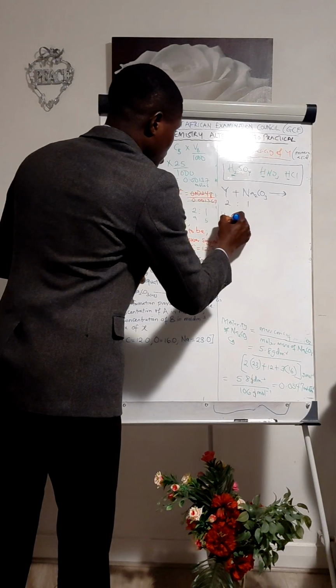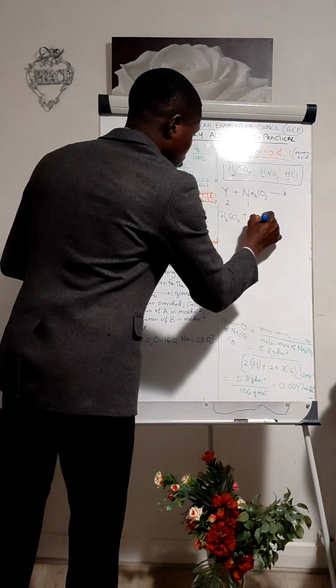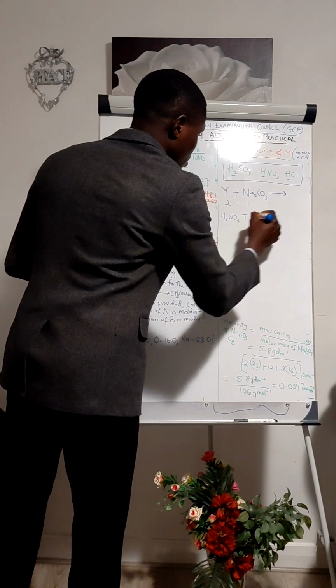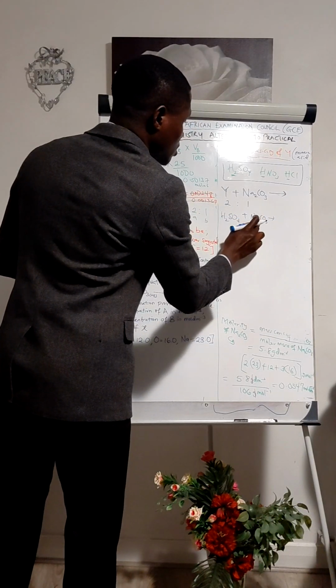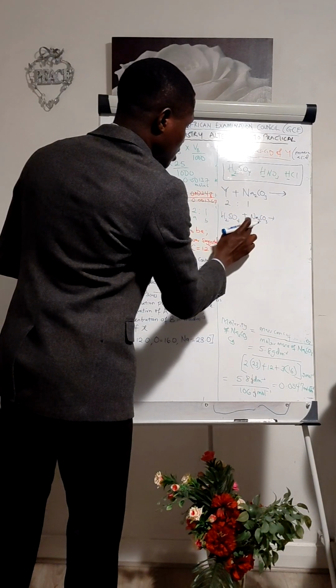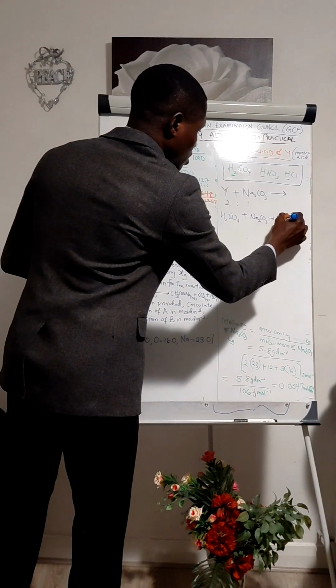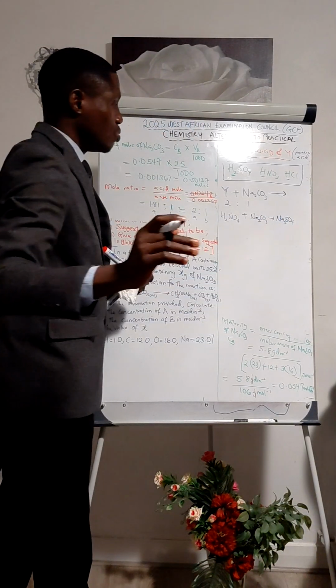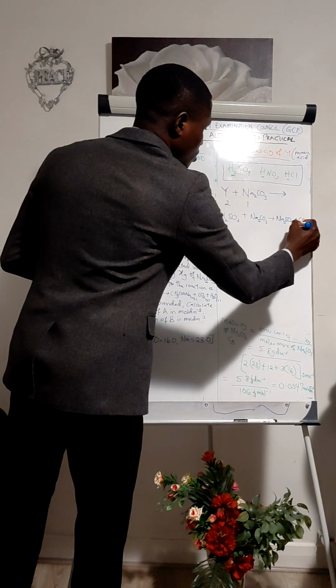H2SO4 plus Na2CO3: the 2 hydrogens will react with the 2 sodiums, since you have 2 here and 2 here, so it's going to be Na2SO4, the salt formed, plus CO2 plus water.